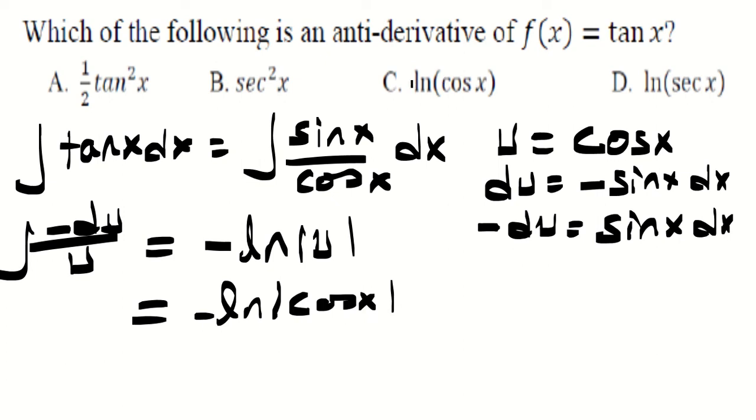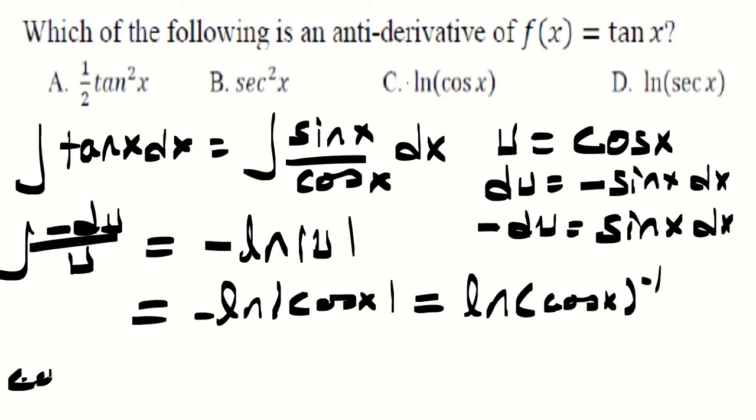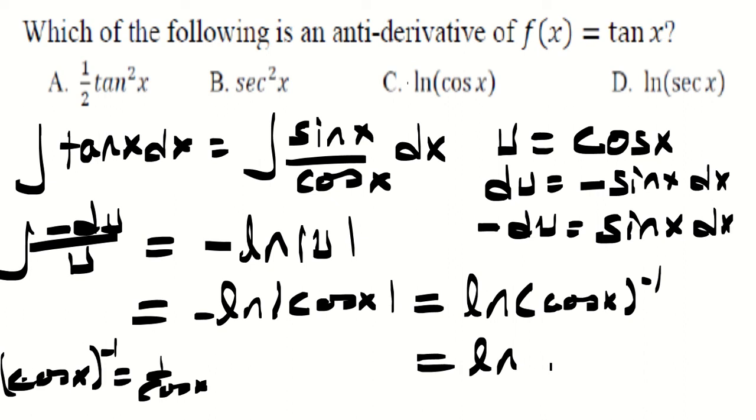There is no negative here. But the negative, you can bring it as an exponent, so ln of cos x to the power of negative 1. Cos x to the power of negative 1 means 1 over cos x. And 1 over cos x means sec x, so ln of sec x will be the answer.